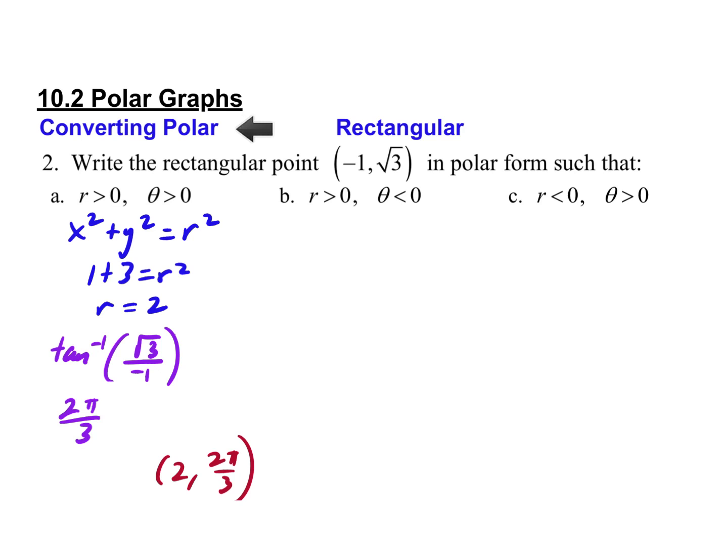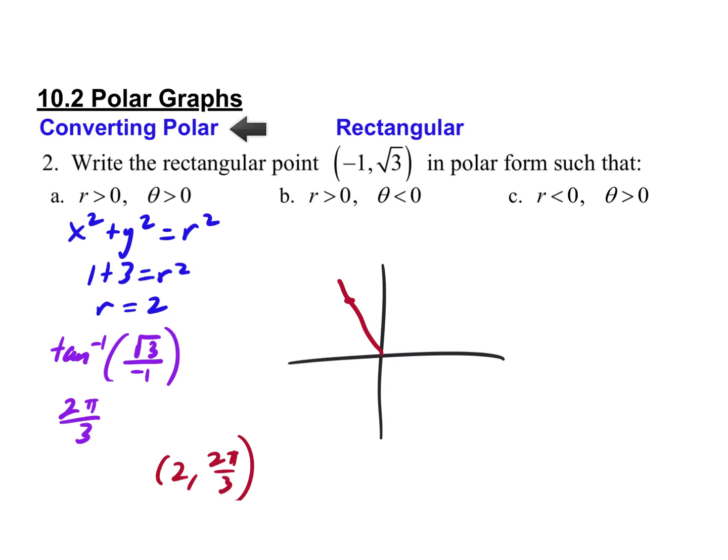If you were drawing this out, you'd have something like this. That's the same for all 3 of these parts, A, B, and C. It's the same point, but you can express it in different ways.